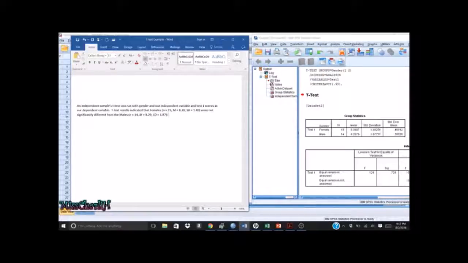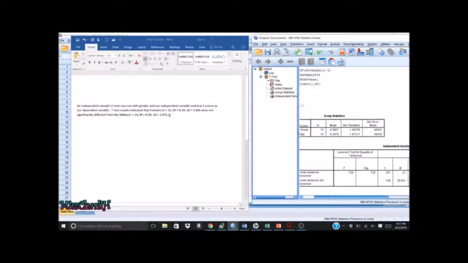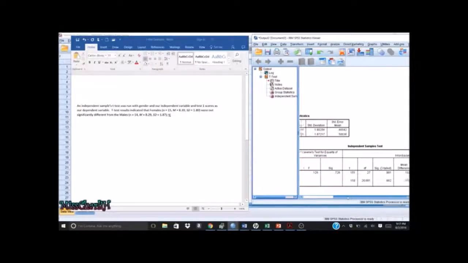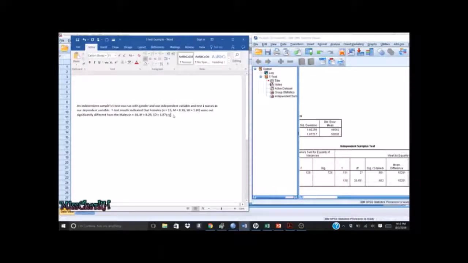And at this point, I now want to put my t-test. So I'm going to do my t, and immediately with no space, I want my degrees of freedom, which is 27. Space, equal, space.